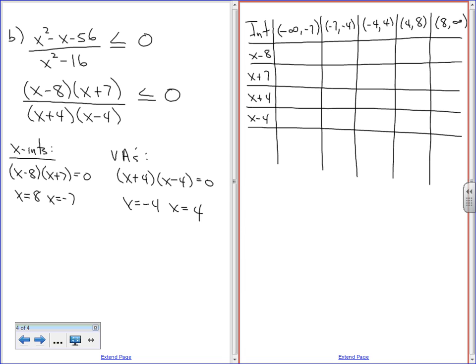So really what you're looking at is the number of negative signs. If you have an odd number of negative signs, it's going to be negative. If you have an even number of negative signs, it's going to be positive. So these 4 factors make up the rational expression that we're looking to solve. You could write it in factored form, either form. Doesn't really matter.